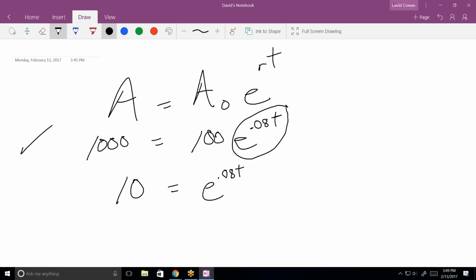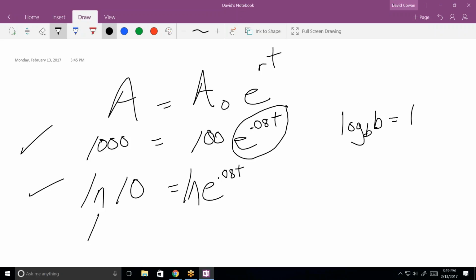In this case, taking the natural log of both sides works beautifully, because remember that one property where I said the log base b of b is always 1. That's because b to the 1 power is equal to b. Notice what this equation is going to turn into.